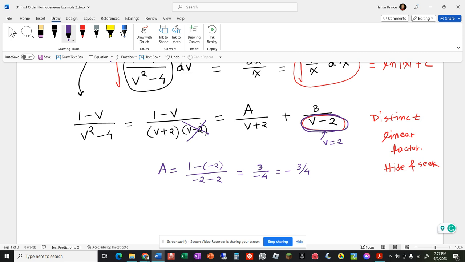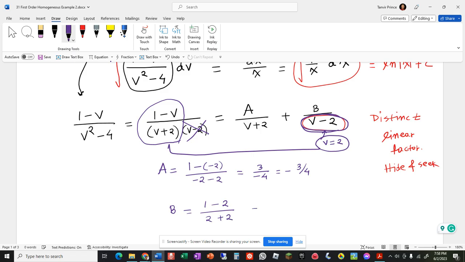You hide v minus 2 from the left, and in the rest you substitute v equal to 2, and that will be your B. So I replace v by 2, and if you do that, you end up with negative 1 over 4. It's a very good shortcut, a good trick which will save you a lot of time.